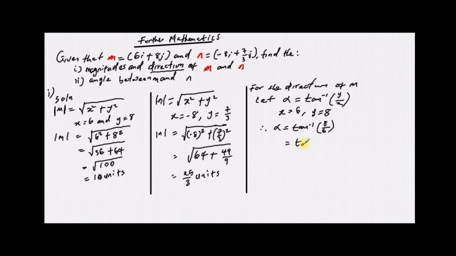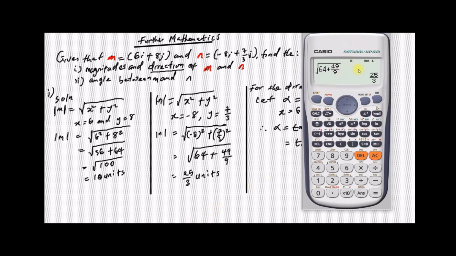That will be tan inverse. 2 can go in 8, that is 4. 2 can also go in 6, that is 3. So let's solve using our calculator. That is tan inverse of 4 over 3. So that will give us 53.13. Okay?